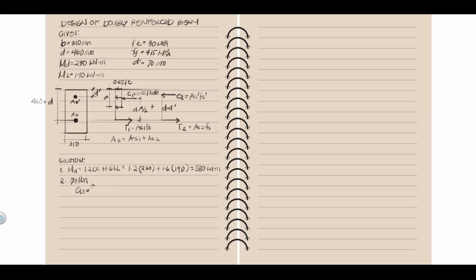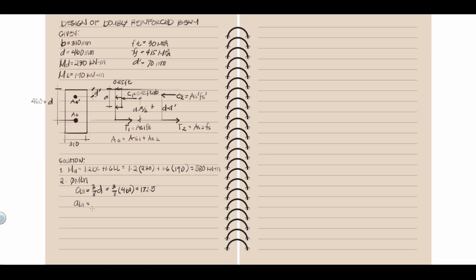That is 3 over 8 D. Given the depth of 460, we will have an answer of 172.5. Of course, after CTN, we will have ATN.